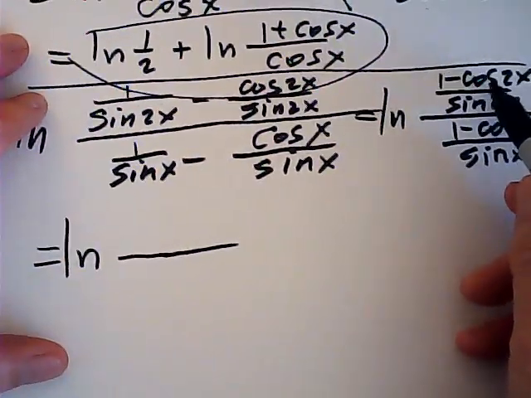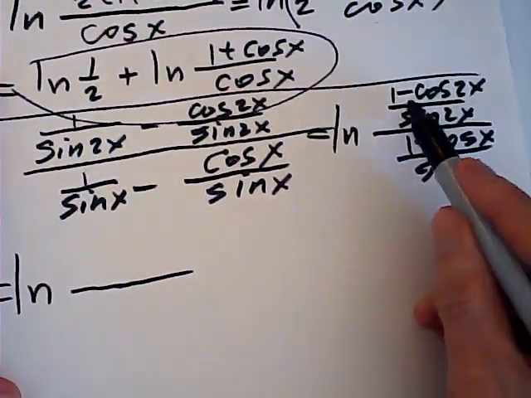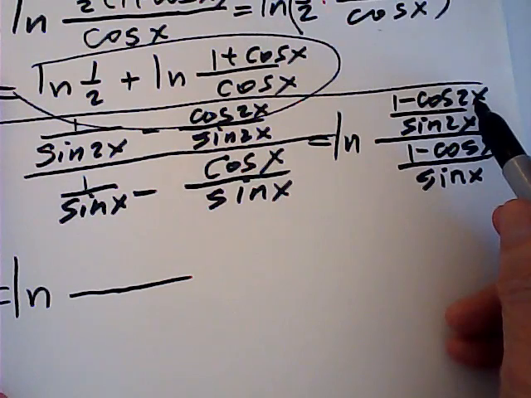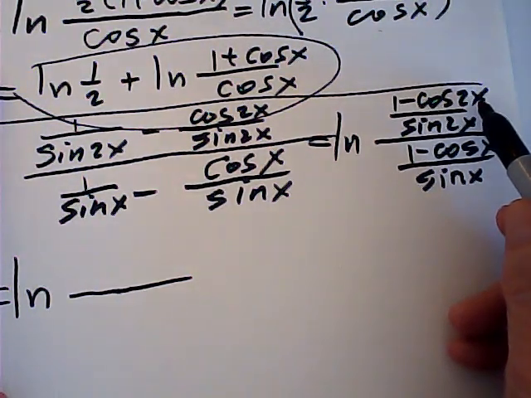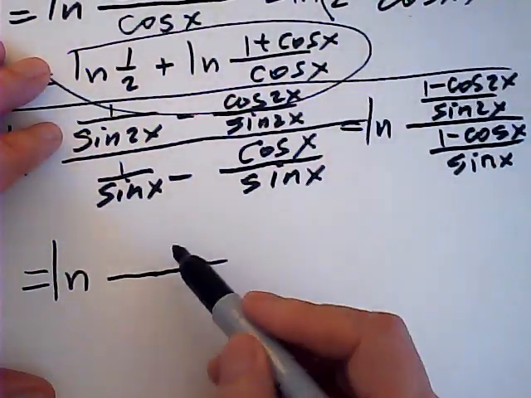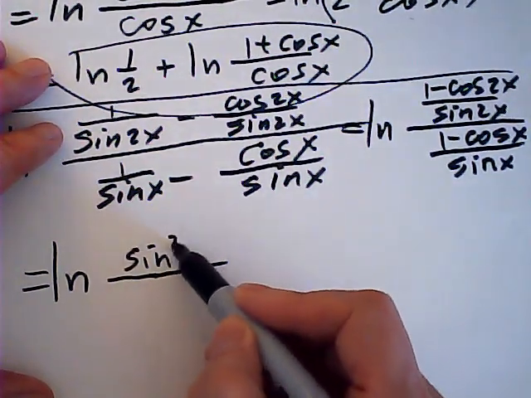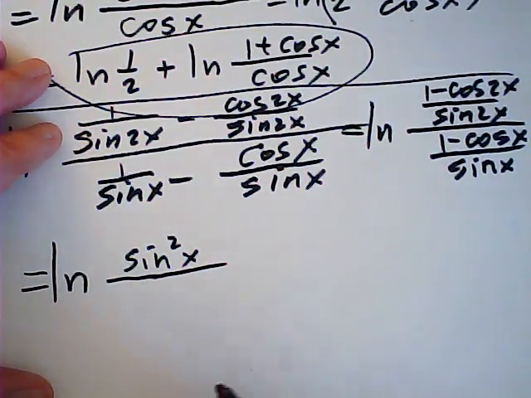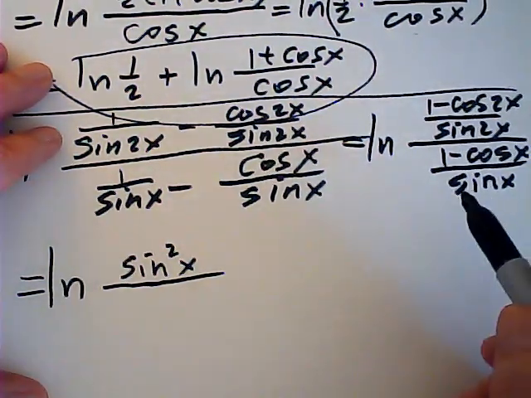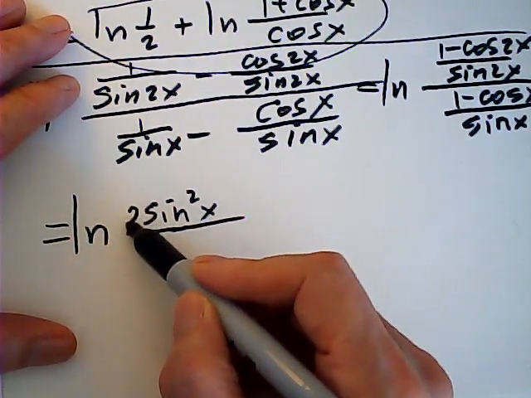Well, the numerator, 1 minus cosine 2x is what? It is equal to 2 sine square x, right?